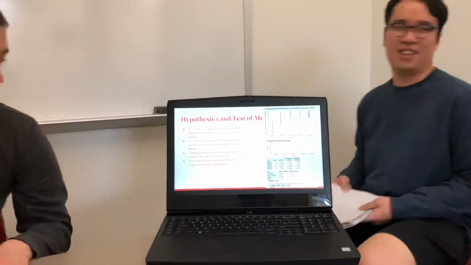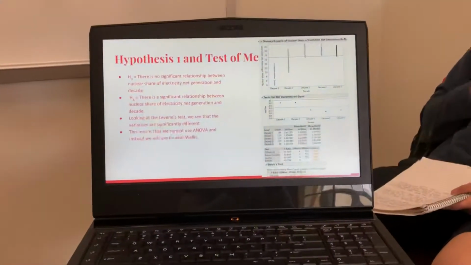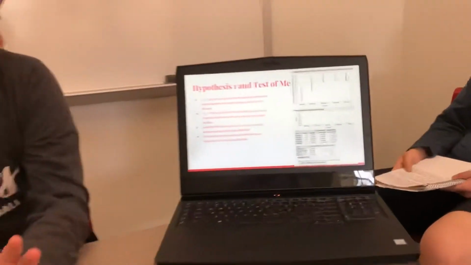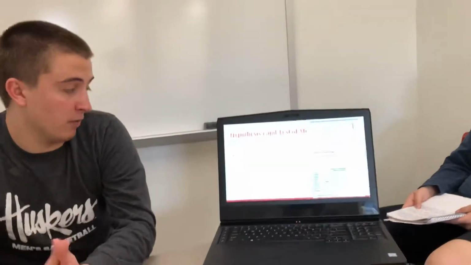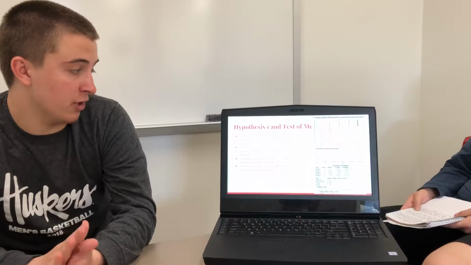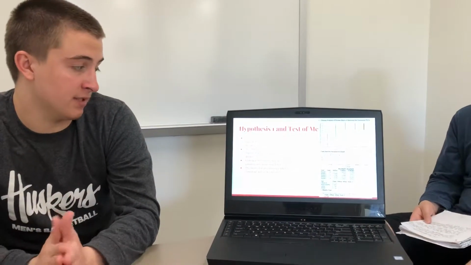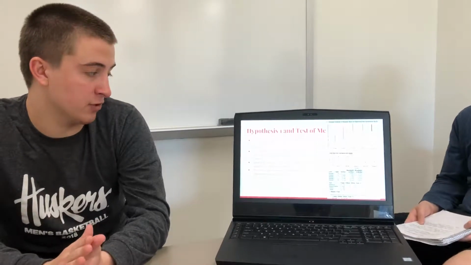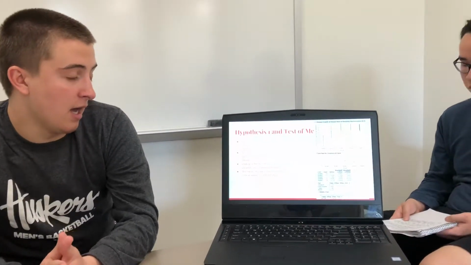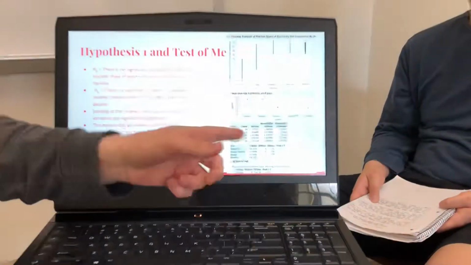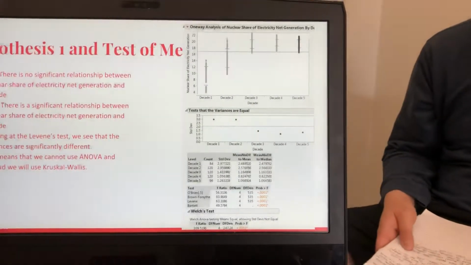The first thing we did was a test of means, to test our first hypothesis. Our null hypothesis is there is no significant relationship between nuclear share of electricity net generation and decade, and our alternative hypothesis is there is a significant relationship between nuclear share of electricity net generation and decade. Looking at this figure, we can see by Levene's test that the variances are significantly different.